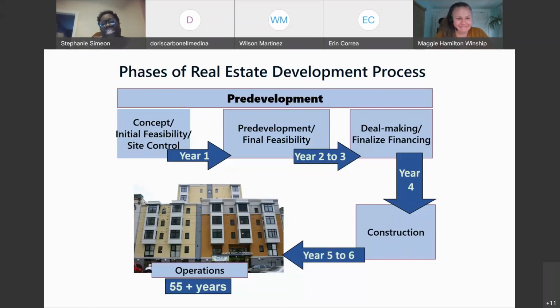So let's go through the phases of the real estate development process. In this session, we're not in person, so you're not able to chat with each other in between sessions or after sessions or on breaks. But we have some folks that have some experience in development. Some folks are venturing into it.